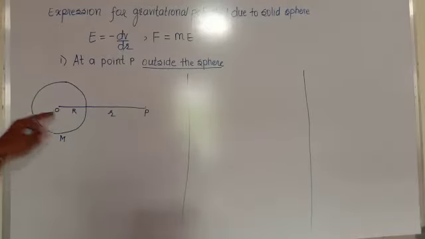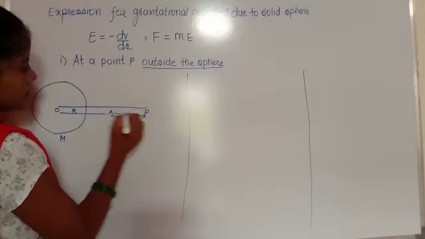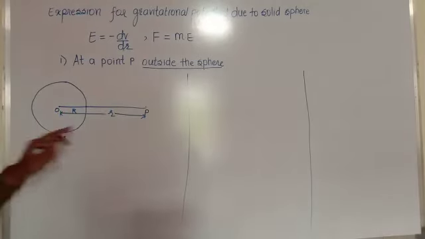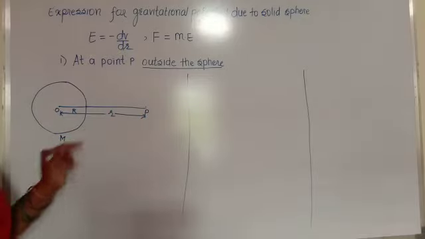So this total length is r. The distance between O and P is small r.